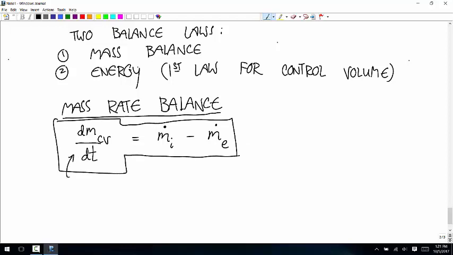So again, we're using these two different ways of writing time derivatives to point out that they have slightly different interpretations. This is the rate of change of the mass in the control volume.